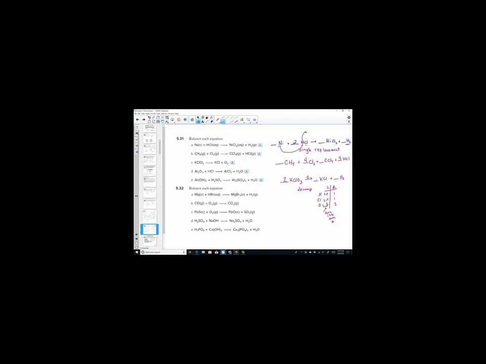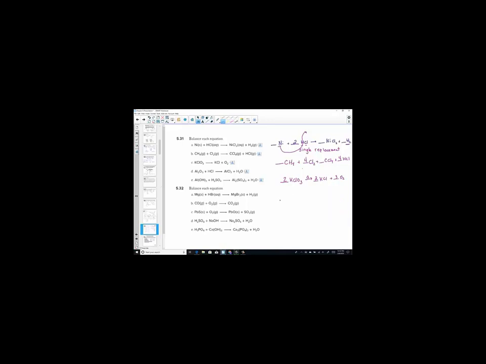On the right, I can fix my KCls by placing a 2 in front of the KCl. Oh, we got it. Here's a 3, and I can turn that one into a 6. 2 KClO3s decompose to form 2 KCls and 3 O2s. There's your letter C.